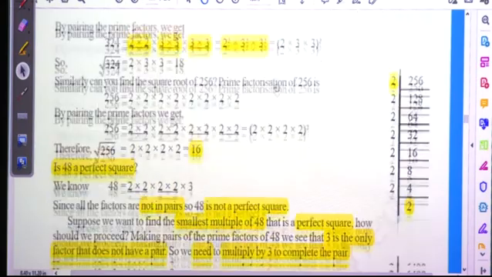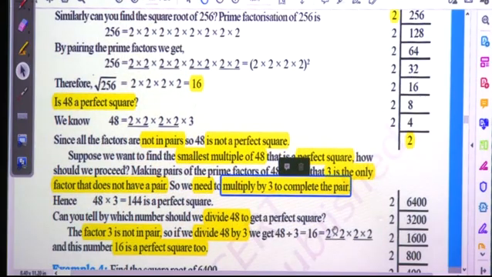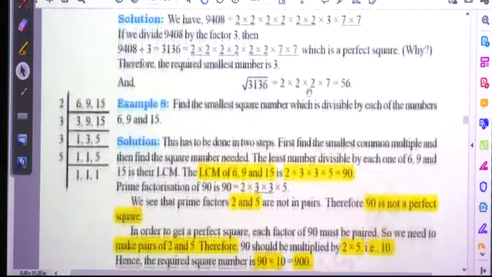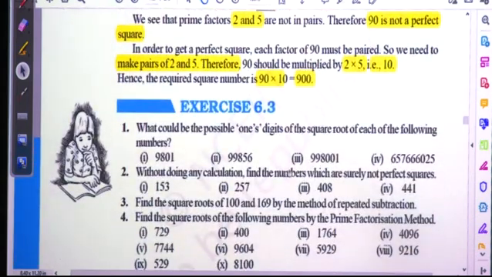Let us come here. What does the question say? What could be the possible ones digits of the square root of each of the following numbers?